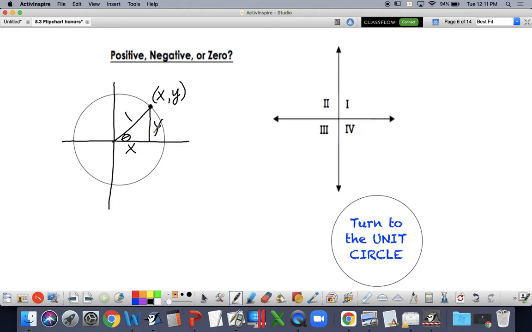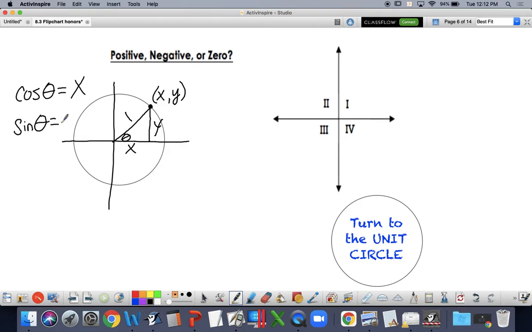So let's figure some things out. We know that theta is right here. What is the cosine of theta given my diagram I have here? X over 1, which is just x. Sine of theta.